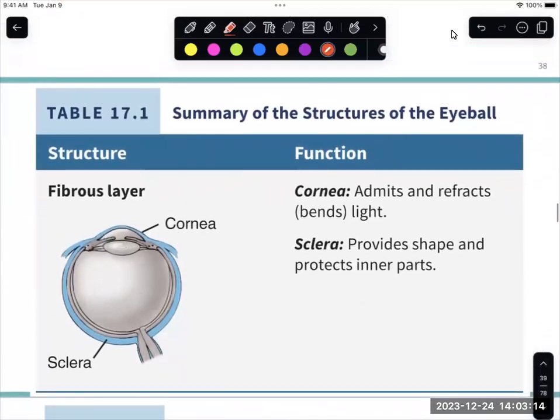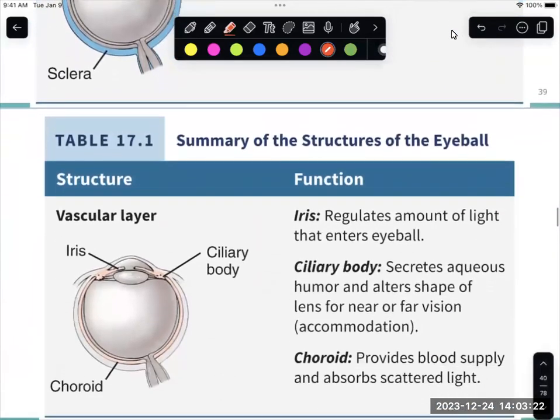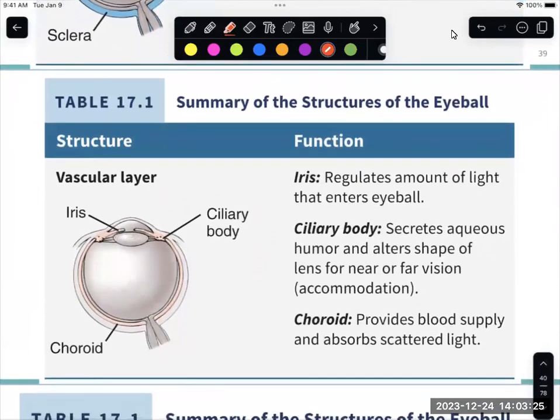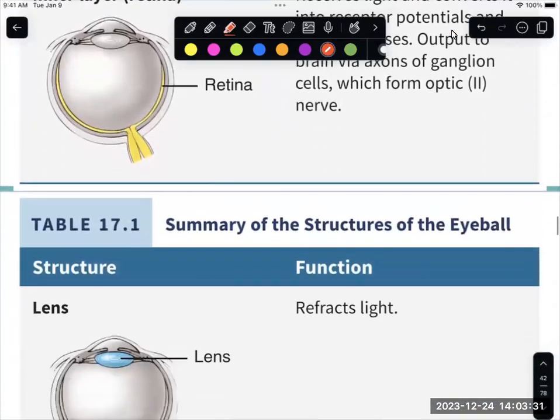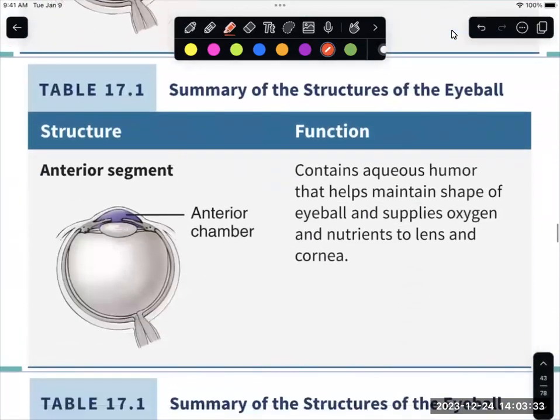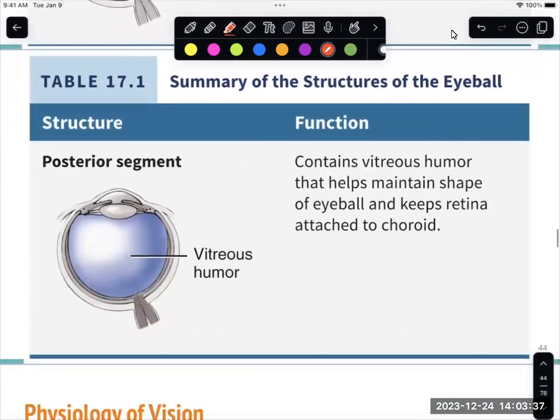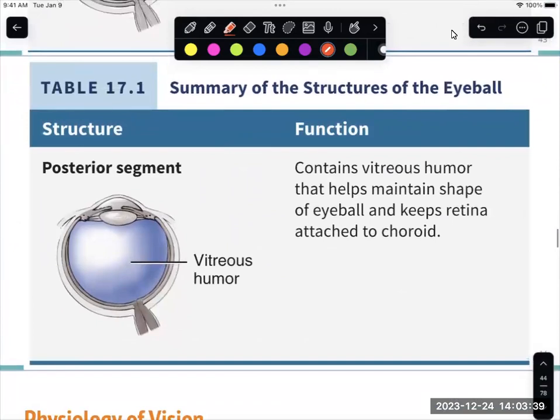This chart is kind of nice. It highlights the different parts of the eyeball so you can see where everything is labeled, the lens and its functions, the anterior chamber, posterior chamber.